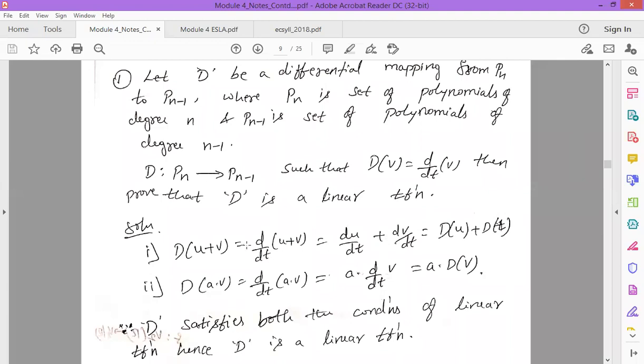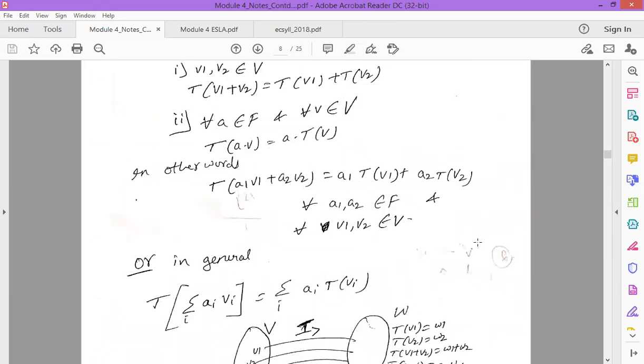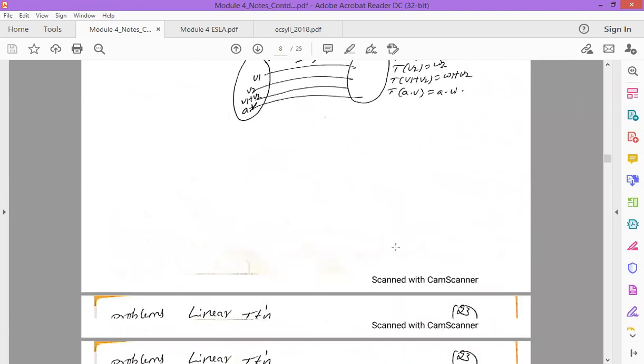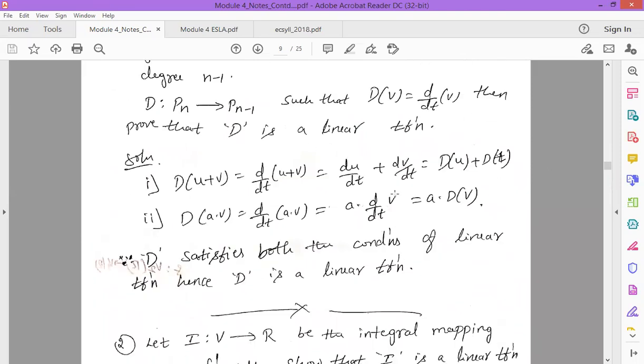So the differentiation of u plus v is equal to D of u plus D of v. This is the first condition we have taken, T of v1 plus v2 is equal to T of v1 plus T of v2. T may be any function, as I told. Since the condition is satisfied, the first condition is okay.